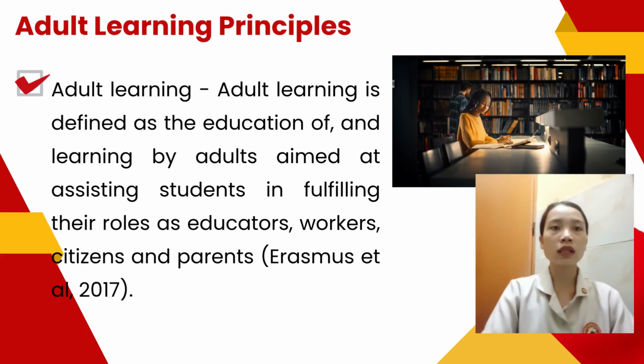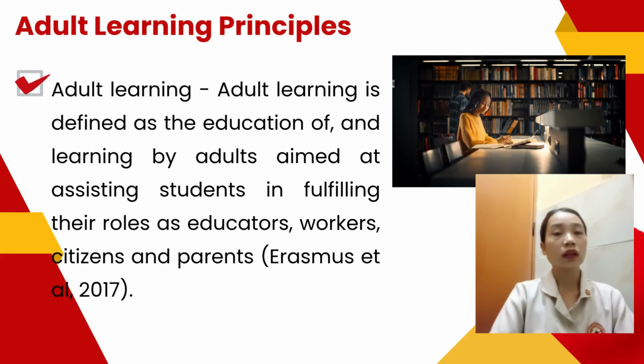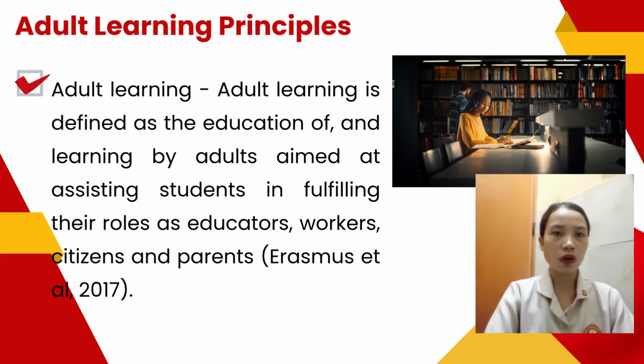The main goal is to help adults grow and perform better in the roles they already have or want to take on, whether as teachers, employees, citizens, or caregivers. It also often focuses on practical knowledge that can be applied immediately in real life situations.